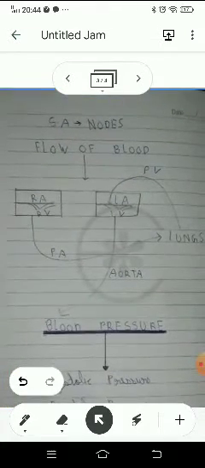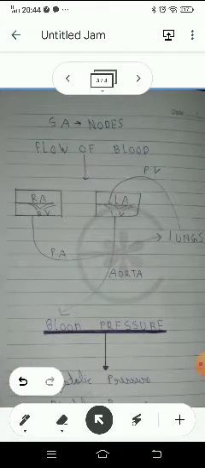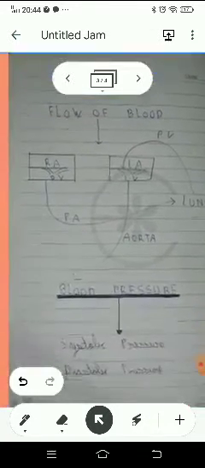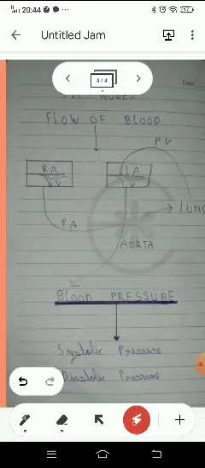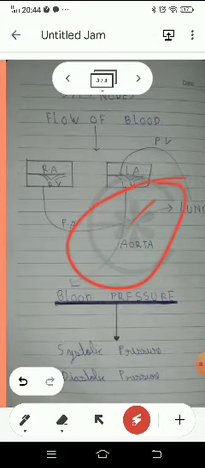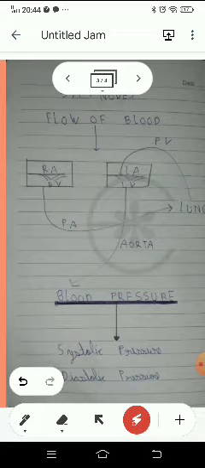SA nodes. The full form is sinoatrial nodes. Now friends, a cluster of cells is present in the upper part of the right auricle, and these are known as the sinoatrial nodes.